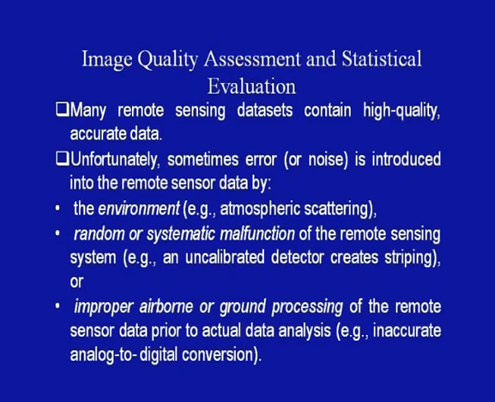Unfortunately, sometimes error or noise is introduced into the remote sensing data by the environment, that is atmospheric scattering, random or systematic malfunctioning of the remote sensing system, that is an uncalibrated detector creates striping, or improper airborne or ground processing of the remote sensing data prior to actual data analysis, that is inaccurate analog to digital conversion.